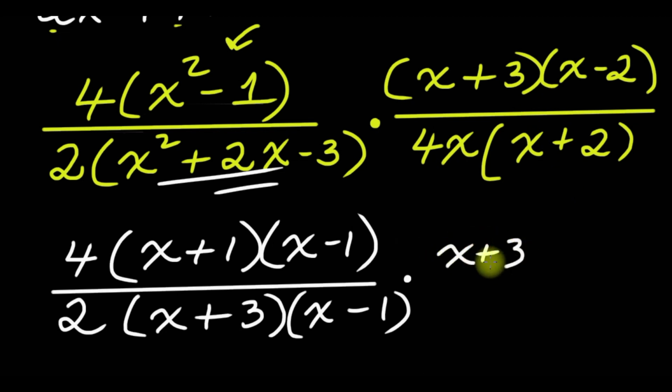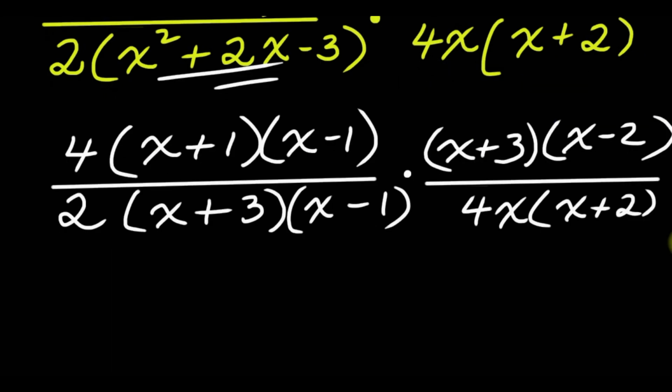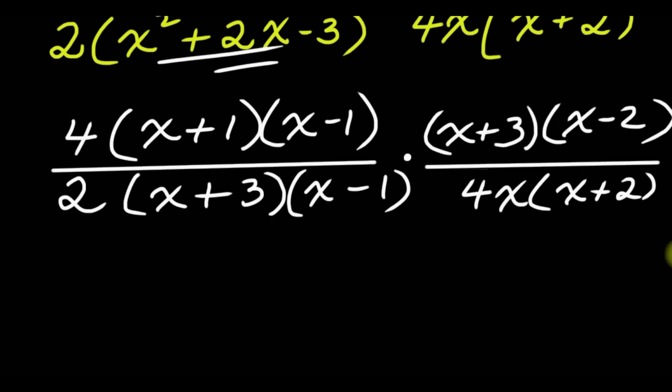So I'm just going to rewrite those factors. So we factor everything that can be factored. So now we are going to eliminate the common binomial factors. Okay, so it looks like I can take out the x minus 1 here with the x minus 1 here. And then the x plus 3 with the x plus 3 here.